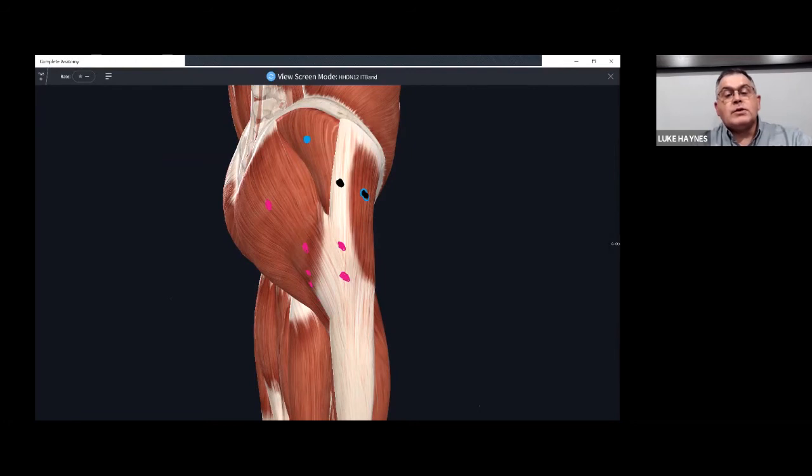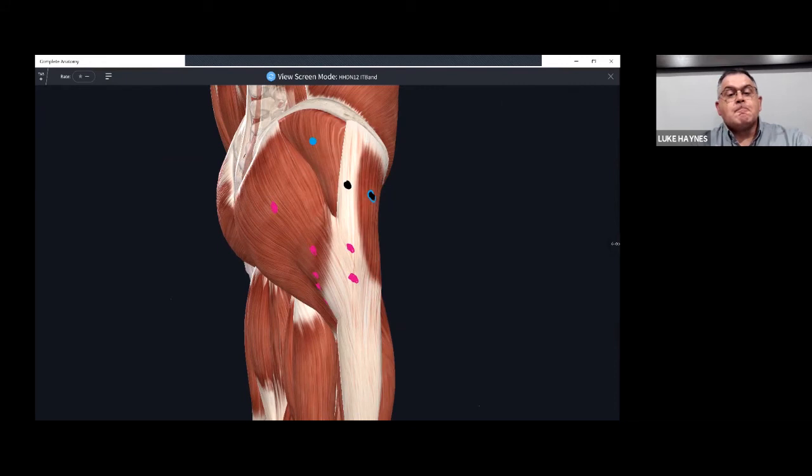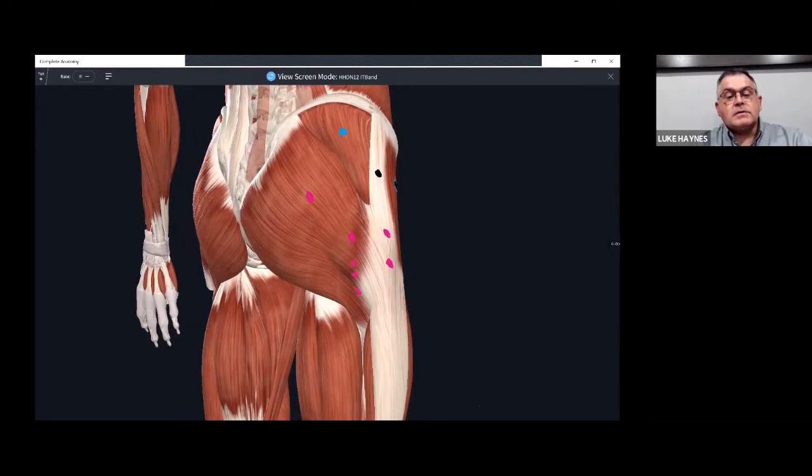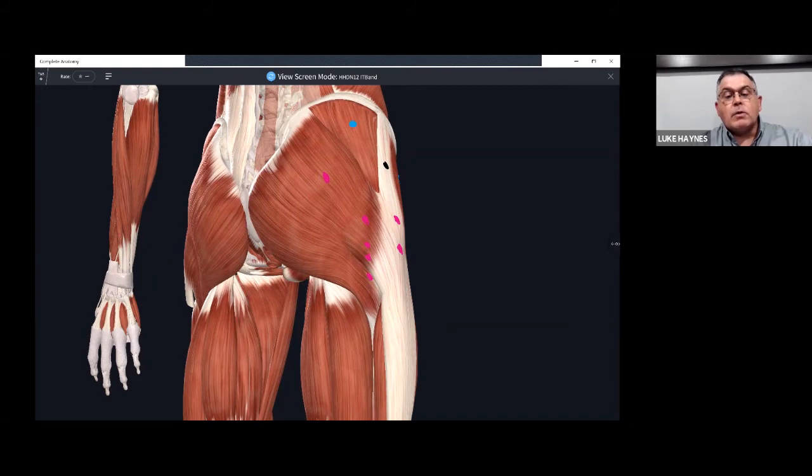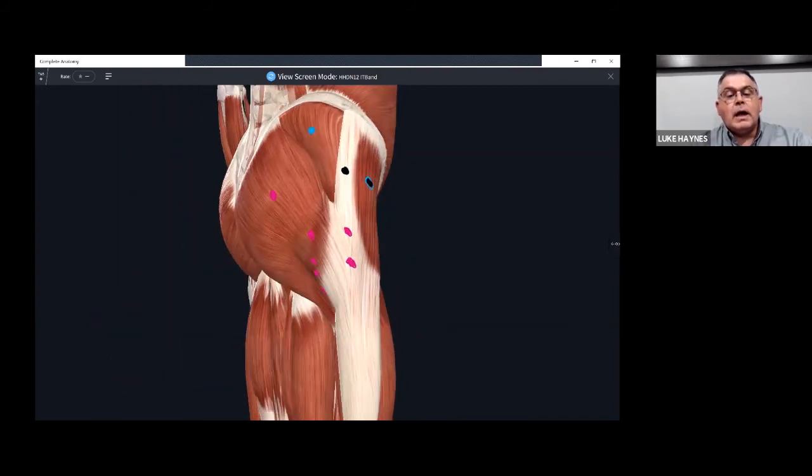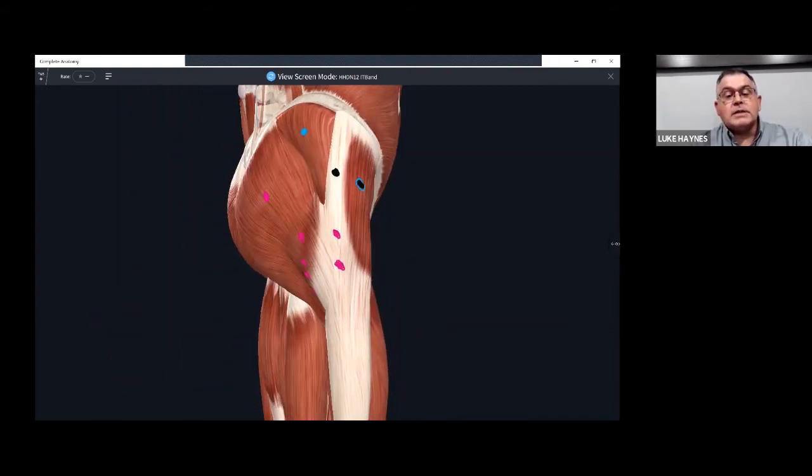Our secondary, we're going to look at gluteus minimus and medius. And then lastly, we'll catch the muscles of the pelvic rotator cuff, gluteus maximus, the piriformis here, the rotators, and for our trochanteric bursa, gluteus maximus and medius.